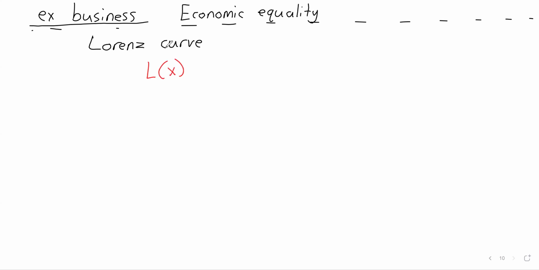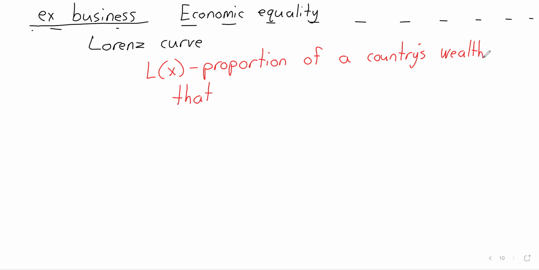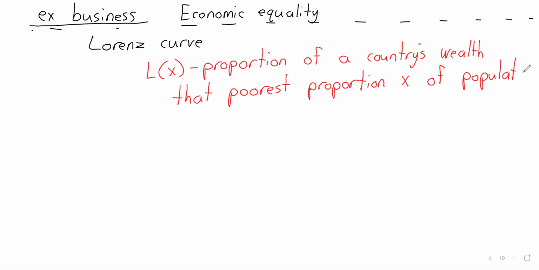So L of x is the proportion of a country's wealth that the poorest proportion x of the population control.